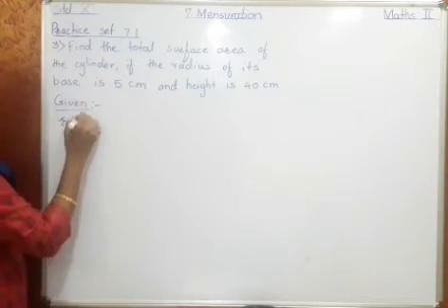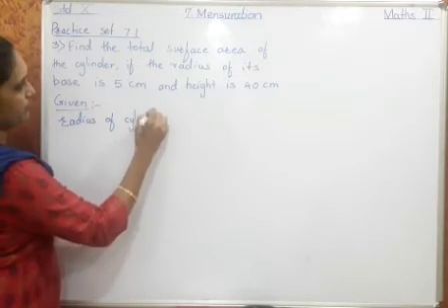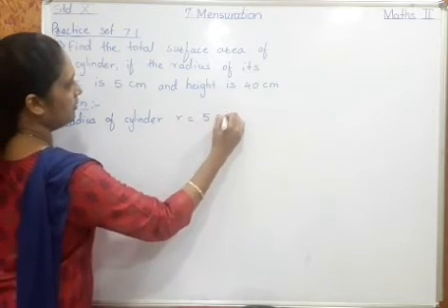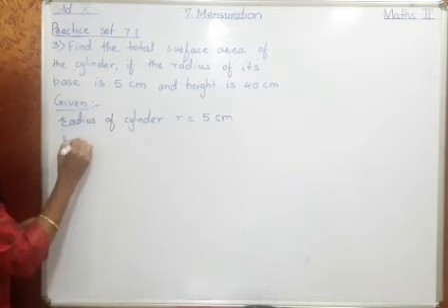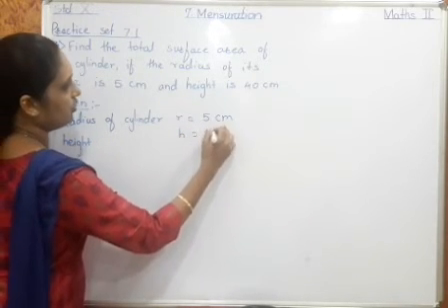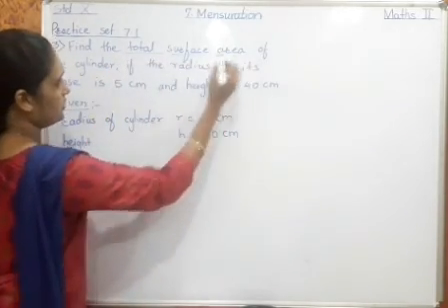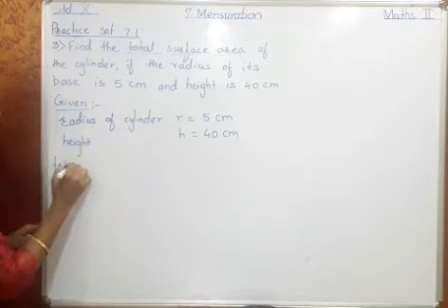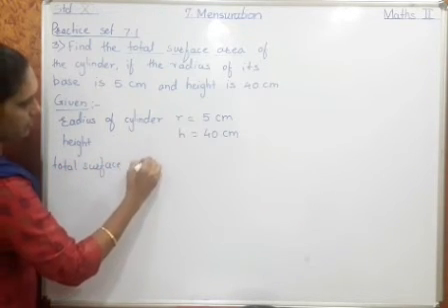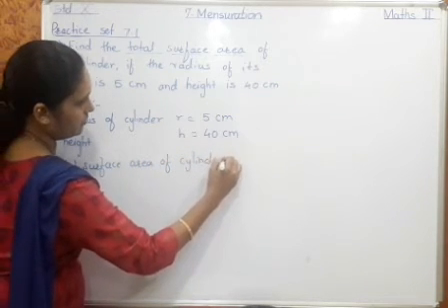Radius of cylinder r equal to 5 centimeter, height h equal to 40 centimeter, and what to find? Total surface area of cylinder, this is the question.